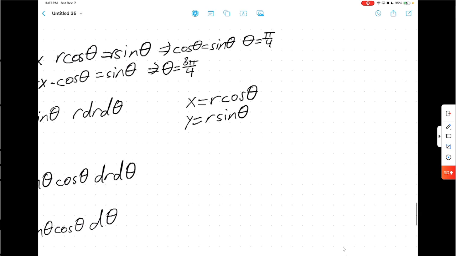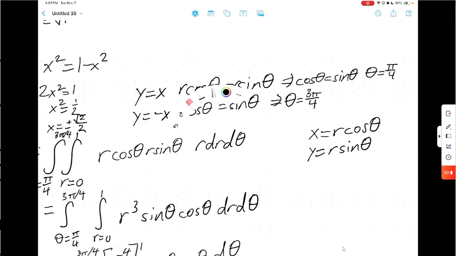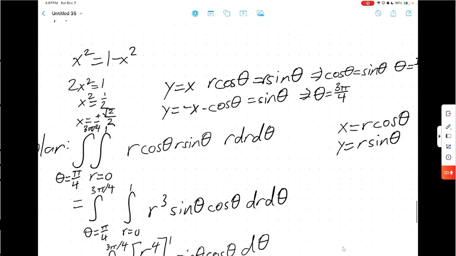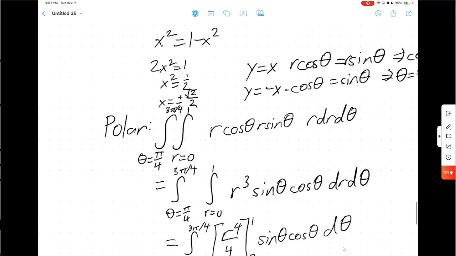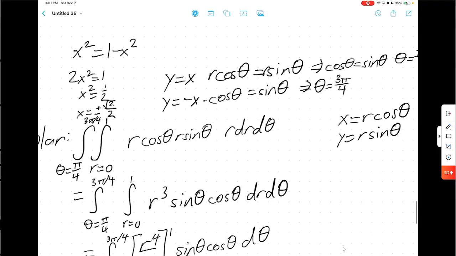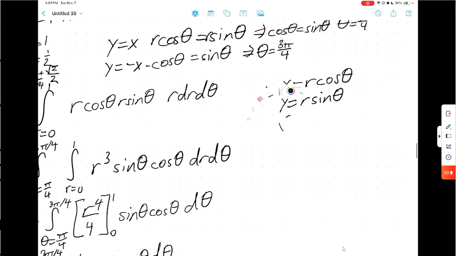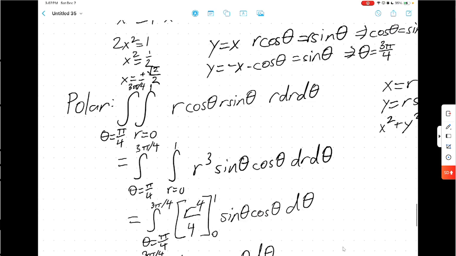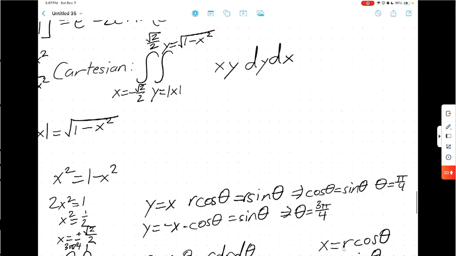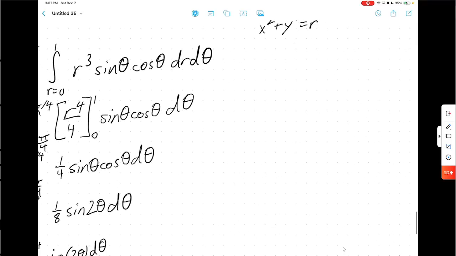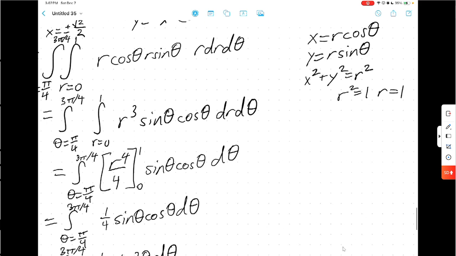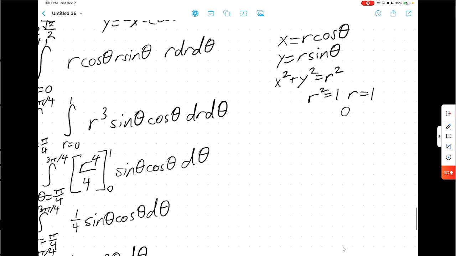This is essentially the conversion equations for polar, and that's what we use to calculate all these intersection points and the bounds. Oh, and also x squared plus y squared equals r squared. For the unit circle, we get that r squared equals 1, so r is equal to 1. 0 is less than or equal to r is less than or equal to 1.